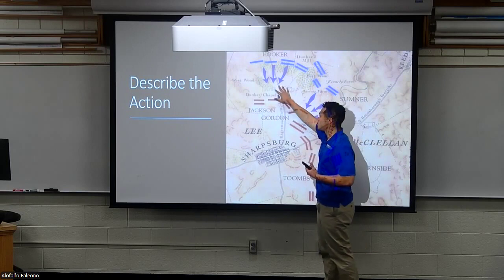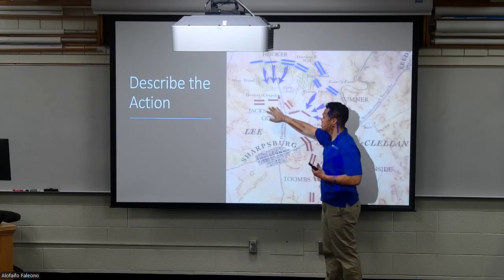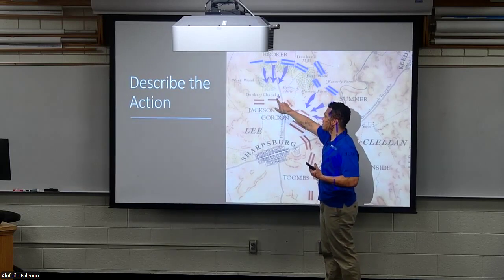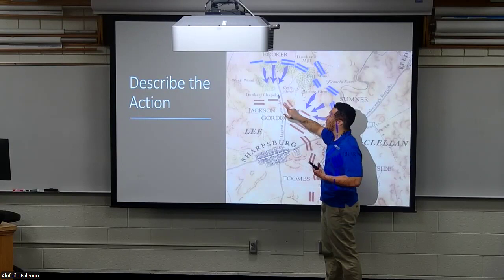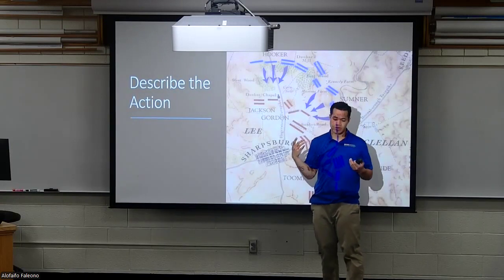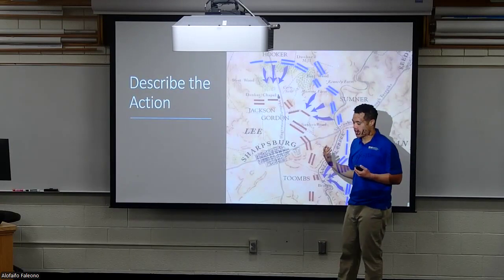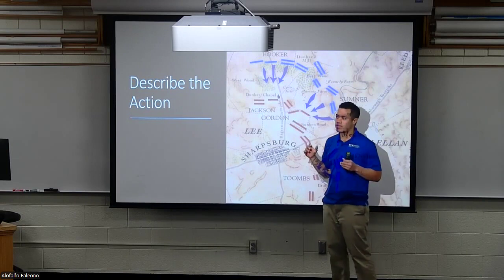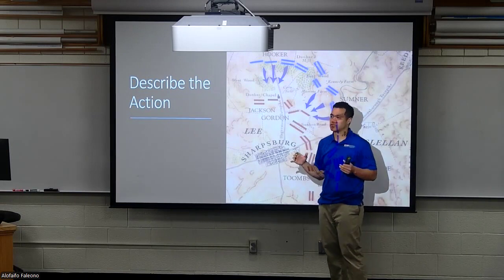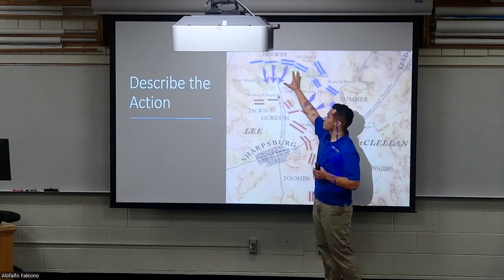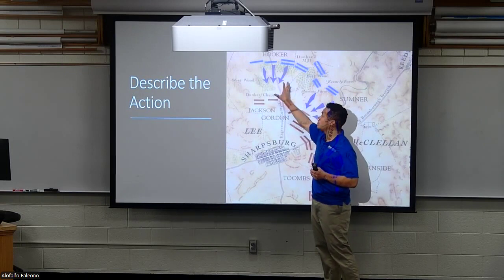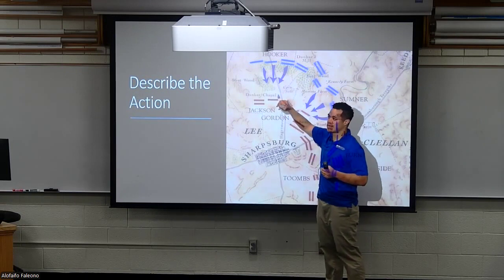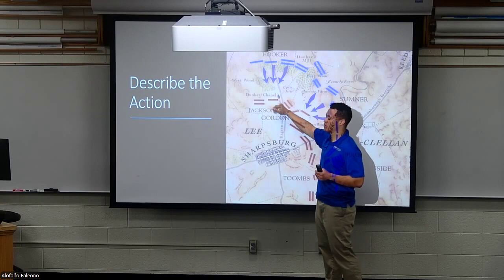Eventually, they break these forces around this area near Dunker Chapel. Unfortunately, Officer Hooker is shot in the foot and he leaves the battlefield without a commander to maneuver and unify these forces. They just get stuck and stop their pursuit here.